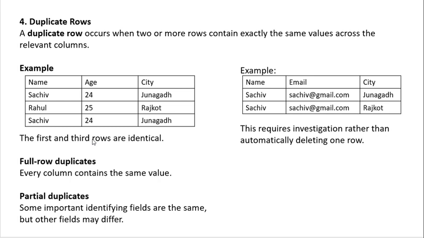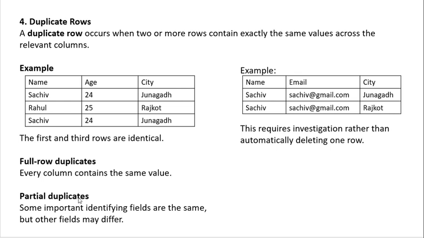So the first and the third records are identical, and these are full row duplicates. Every column contains the same value, like this example where all the columns have the same values.